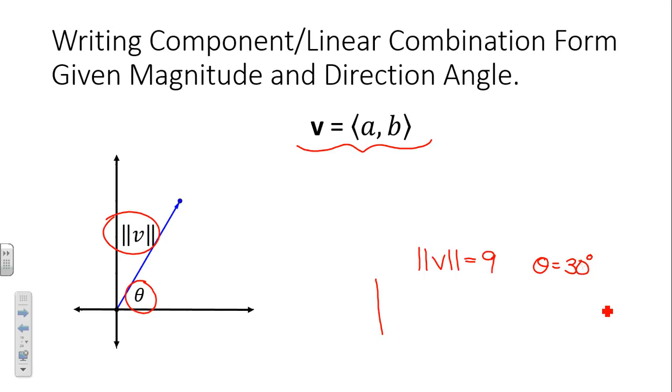That means that at 30 degrees, we're coming out here 9 units. And we want to get the component form or the linear combination form of this particular magnitude and direction.